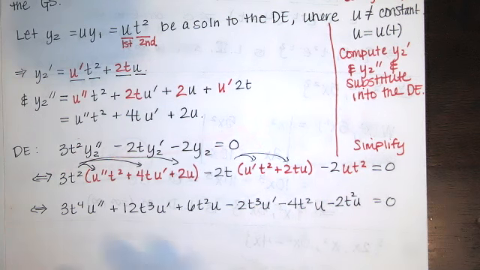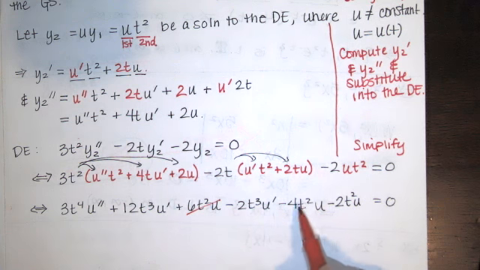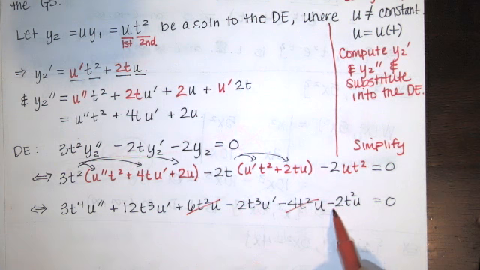Now, because y sub 1 is a solution to the differential equation, that's why all of the u terms will cancel. So I've got a 6t squared here, minus a 4t squared times u here, minus a 2t squared times u over here. So 6t squared minus 4t squared minus 2t squared is 0.